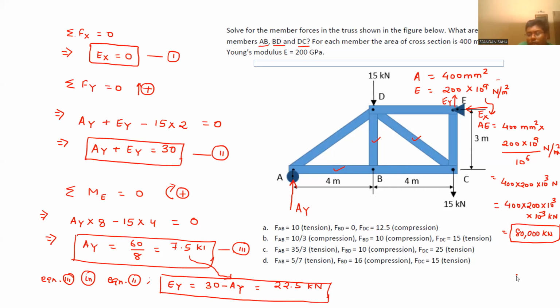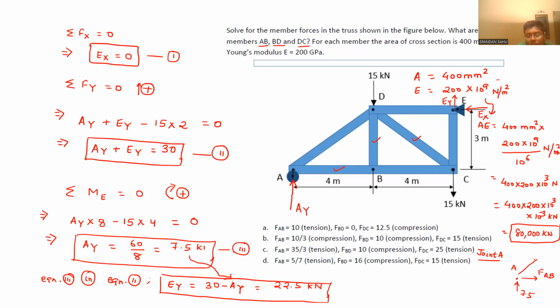Let us draw the free body diagram for joint A. So here, for joint A, we have this AY, which is 7.5 kilonewton. This is FAB.